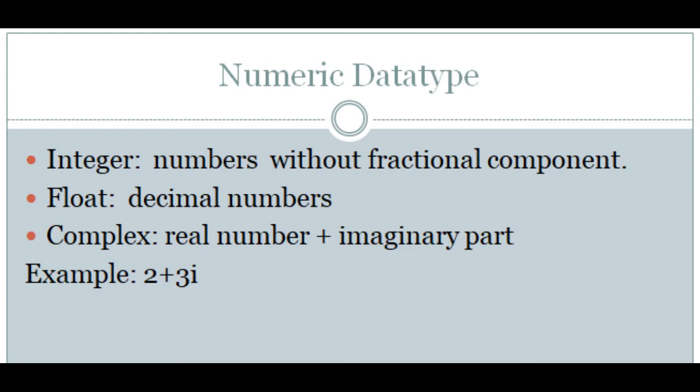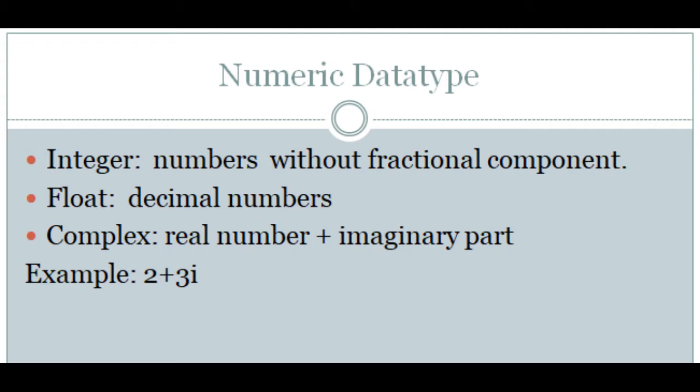Integers are the numbers without fractional component, that is, they are the complete numbers like 1, 2, -1. Floats are basically the decimal numbers which have a number followed by a decimal and a number, like 1.2, 1.3, 3.14, etc. Complex numbers are the numbers which have two parts, real part and imaginary part.